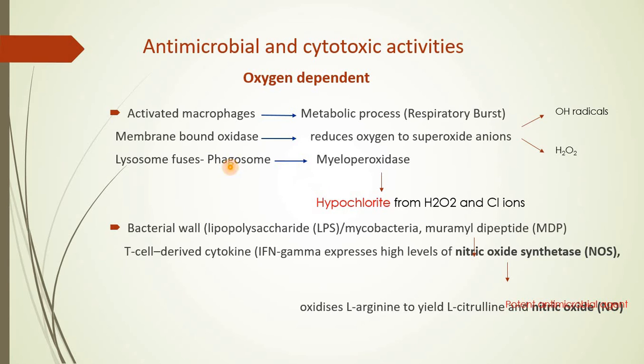Also, we have seen in the earlier slide that a phagosome fuses with a lysosome, giving rise to a phagolysosome. Once the phagolysosomes are formed, the myeloperoxidase enzyme is activated, and it helps in release of hypochlorite from hydrogen peroxide and chloride ions. This hypochlorite is itself very toxic and it bleaches, and this bleaching action results in a knockout effect on the antigen.